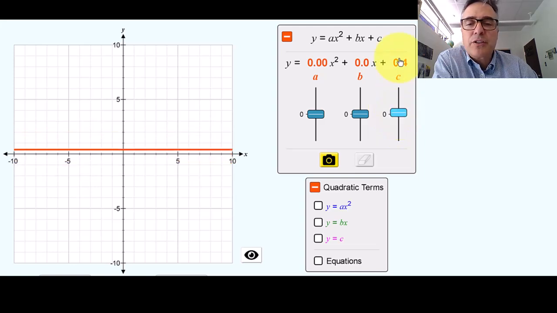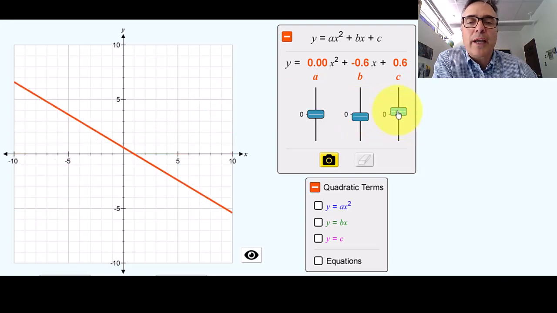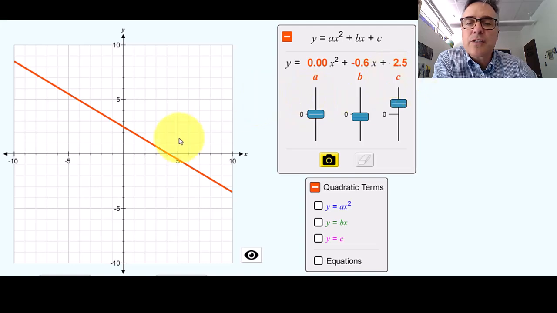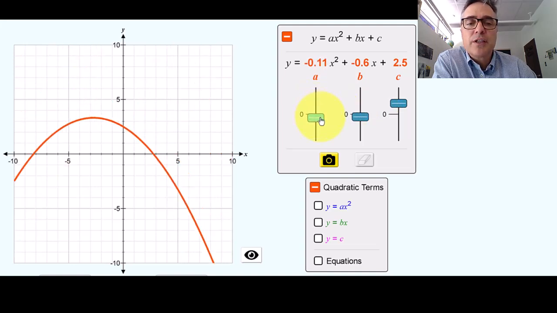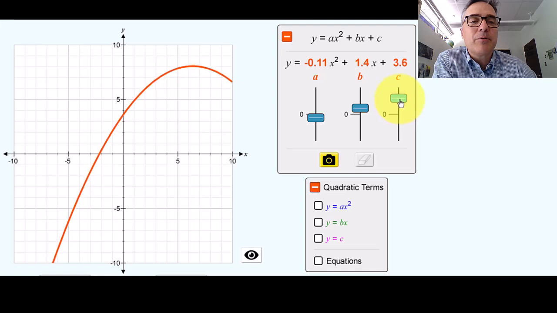If a and b are 0, then this just brings it up and down. b is the slope. Actually c is sometimes called the y-intercept because it turns out to be the y position at x equals 0. And then a is that quadratic term, which is what gives it its curviness. So you could look at something that was thrown with an initial position of 3.6.